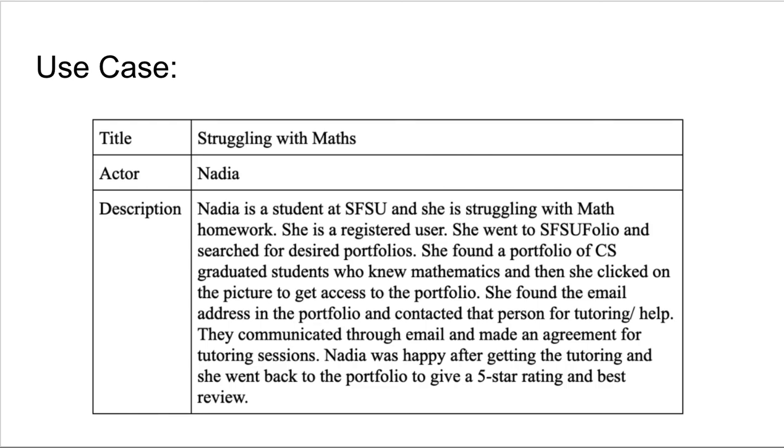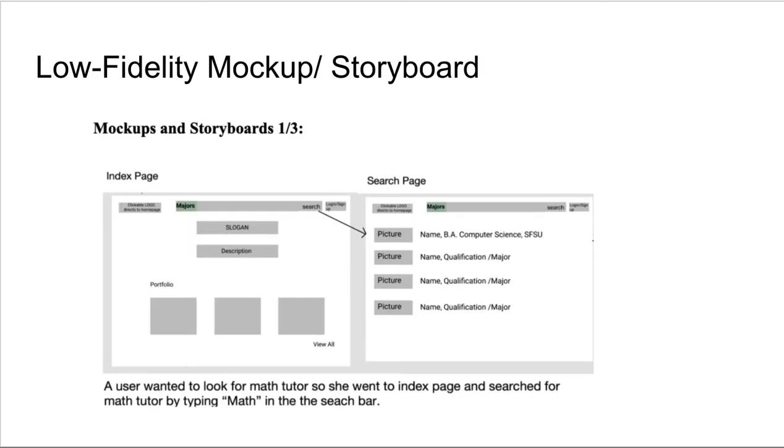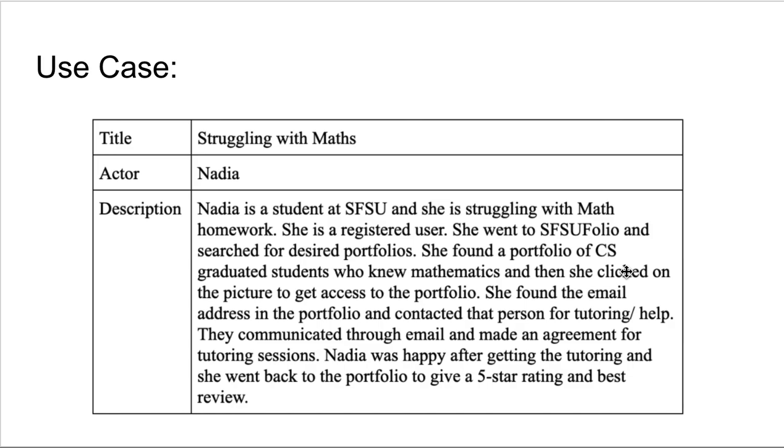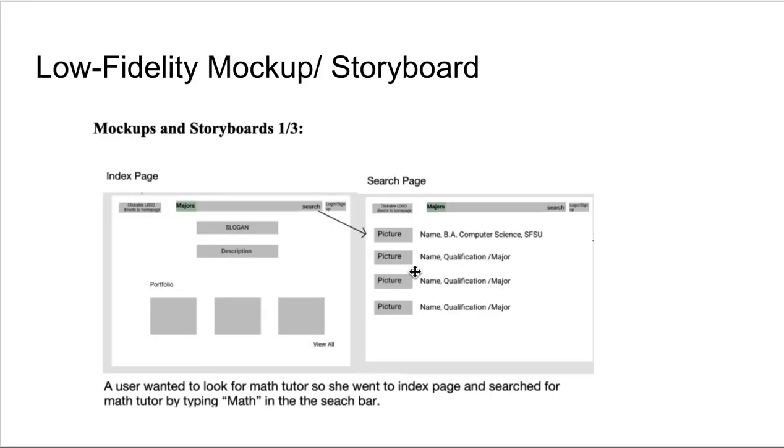And then you go to the low fidelity mockup. This mockup was created with the help of Figma. I forgot to write it down there, but I will mention it in the description too. In a low fidelity mockup, you don't use fancy colors. It's just a bunch of boxes, like a rough idea of what's going on out there, right?